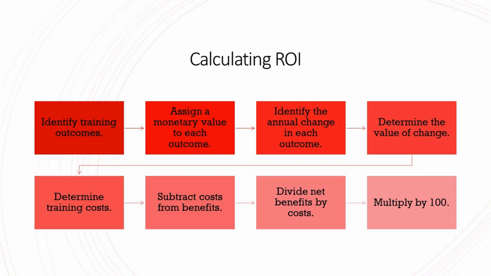Then we need to place a monetary value on each outcome. How much does the organization save by preventing a single accident, for example? Then we determine the change in each outcome from year to year and multiply it by the assigned monetary value to find the value of the change itself.